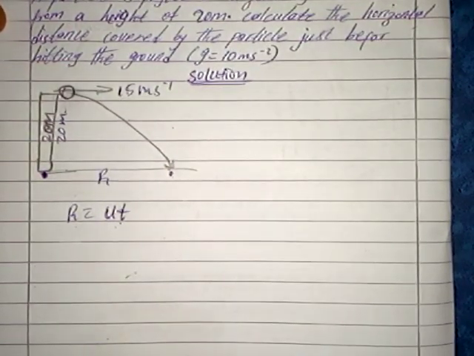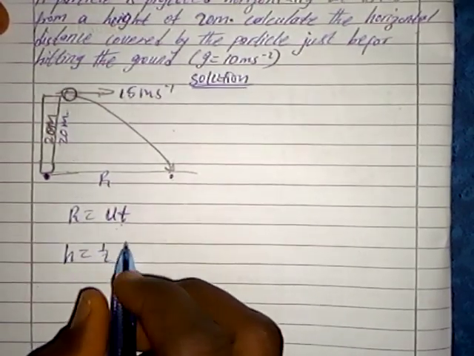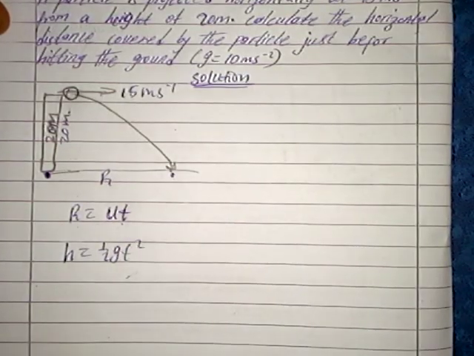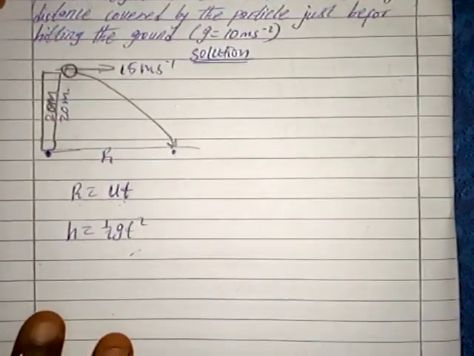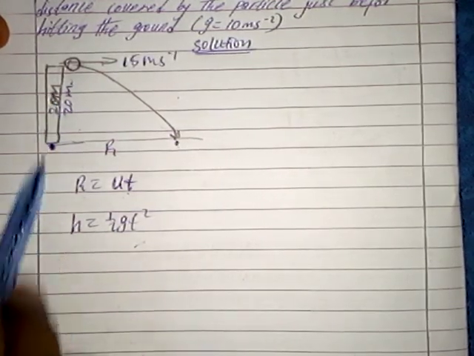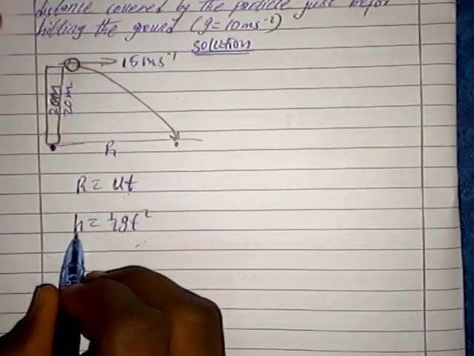In finding it, we use this formula: h equals 1 upon 2 gt squared. Do you see it? Good. Here h is the height from where the ball is projected, which is given, along with gravity, and the time. So what is h?